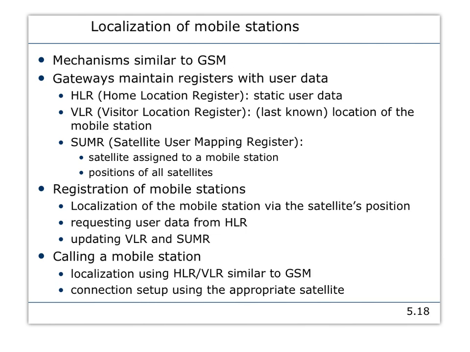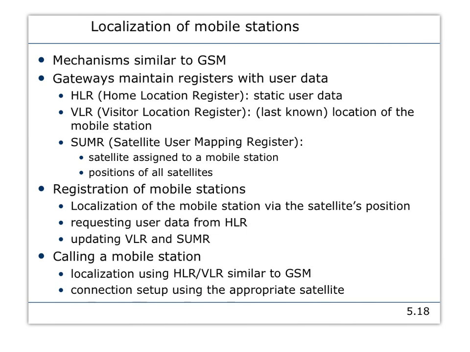This is part of the gateway, and the gateway maintains this SUMR, which you can think of as a database that maintains the association between the mobile user and which satellite it's connected to.